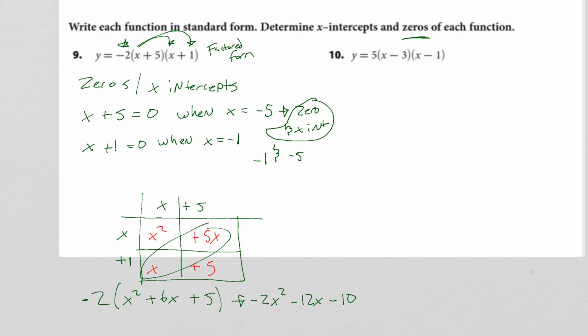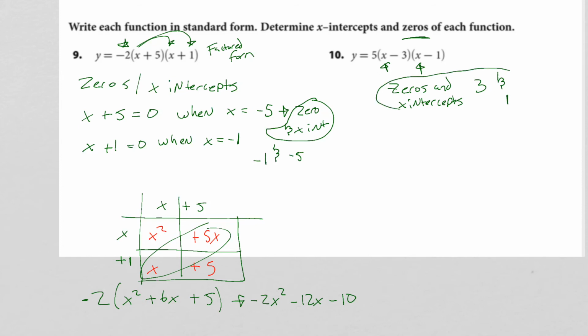So now let's take a look at example 10, right? What are the zeros of this function? What essentially makes what's in the parentheses equal to 0? So the zeros and x-intercepts of these functions are at 3 and 1.